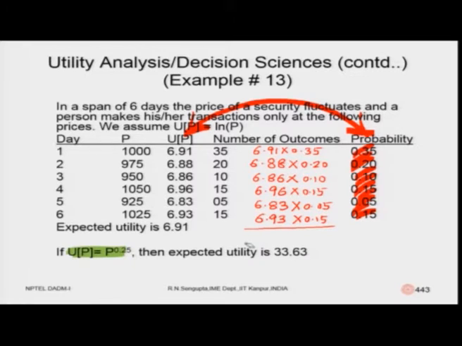If the values of the utility change, the probabilities remain the same. So, multiply this utility, p to the power 1/4, by the probabilities and calculate the value, which comes out to be 33.63.